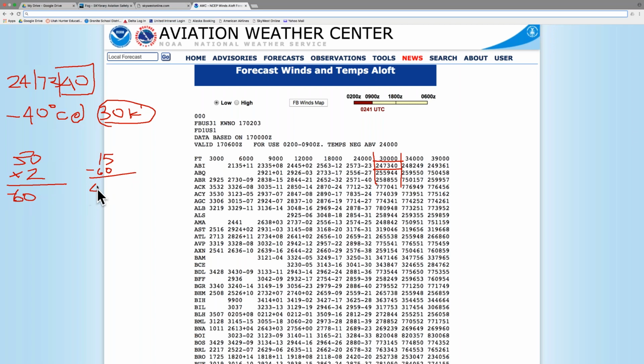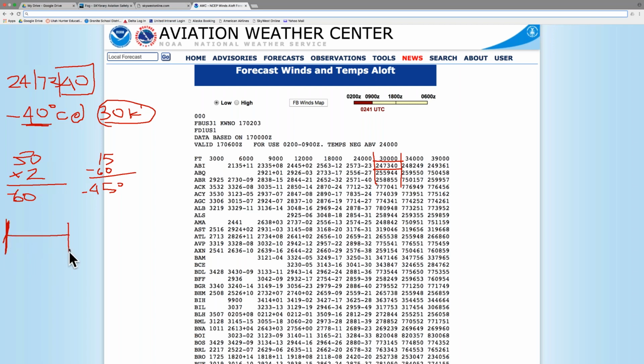That gives us a standard temperature at 30,000 feet of negative 45 degrees. What is our current temperature at 30,000 feet? Negative 40 degrees.